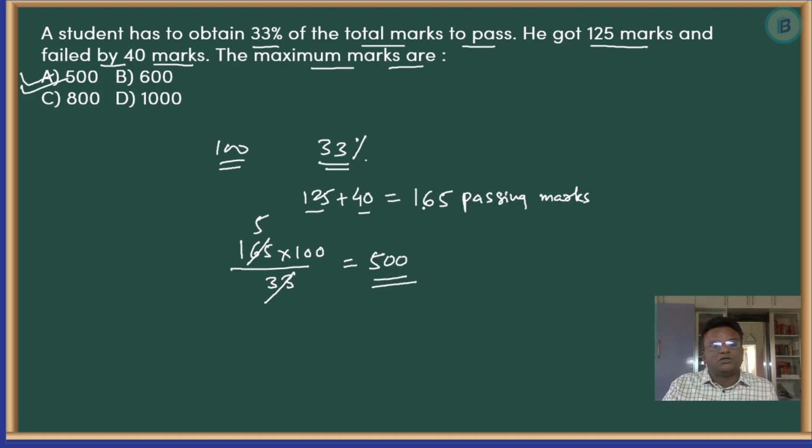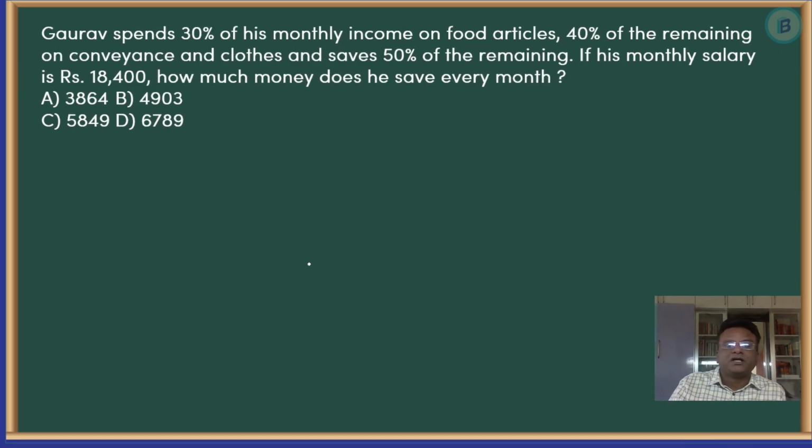So 99% is 495, so the closest is 500. That's your answer. If you are good at calculation, then you can do this without doing the last step. Nevertheless, the last step is also not difficult. So 500. Let us go to the next question.